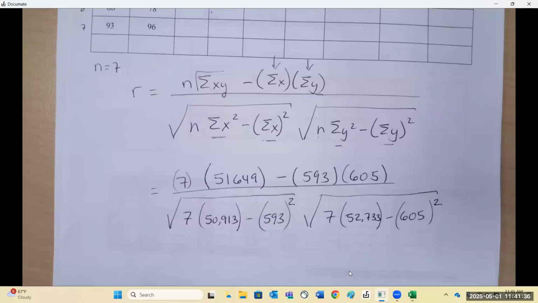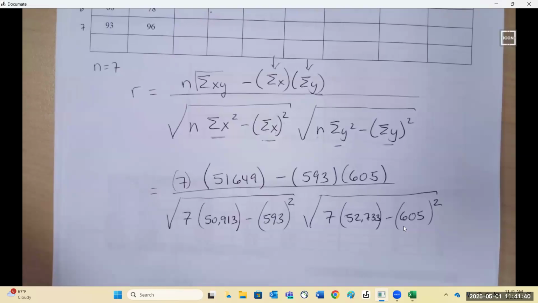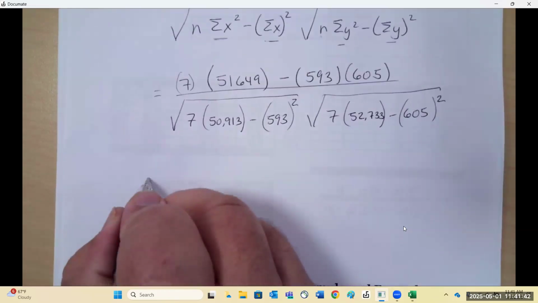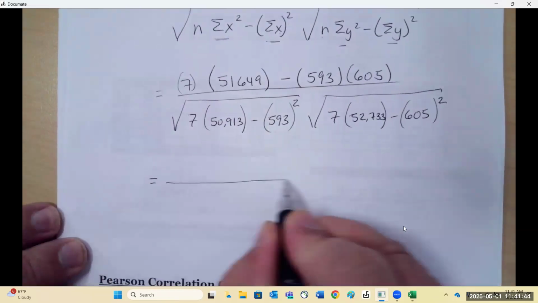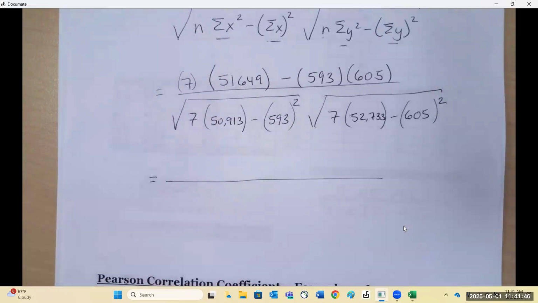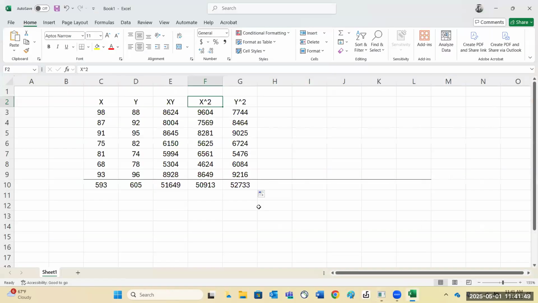Then what do we do? The algebra. On the top we have n equals 7.